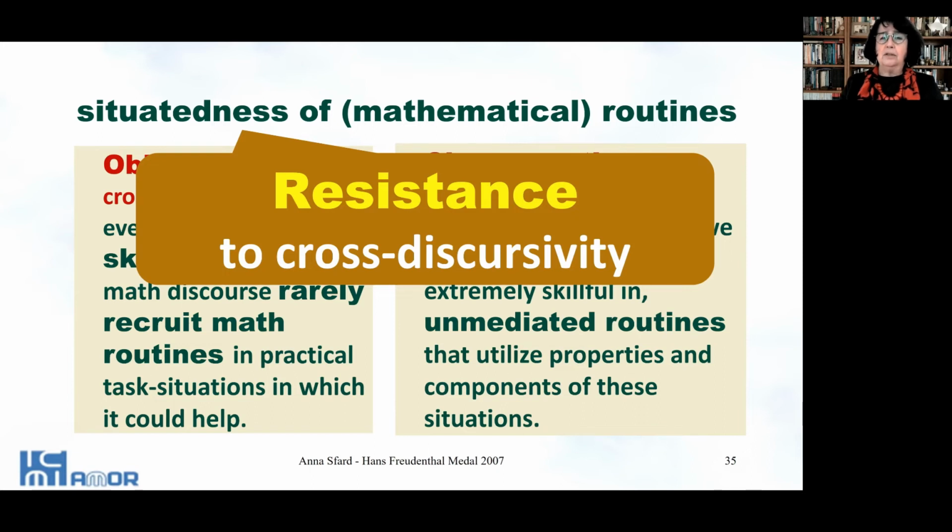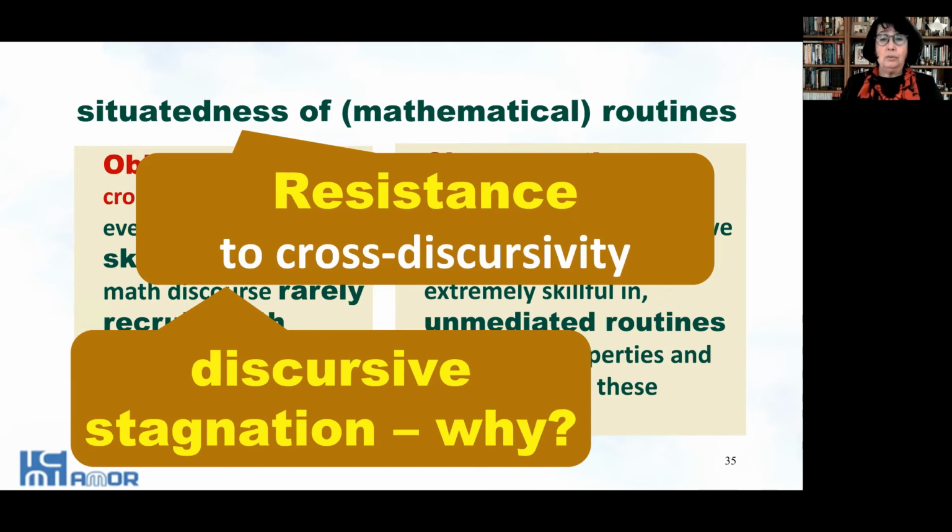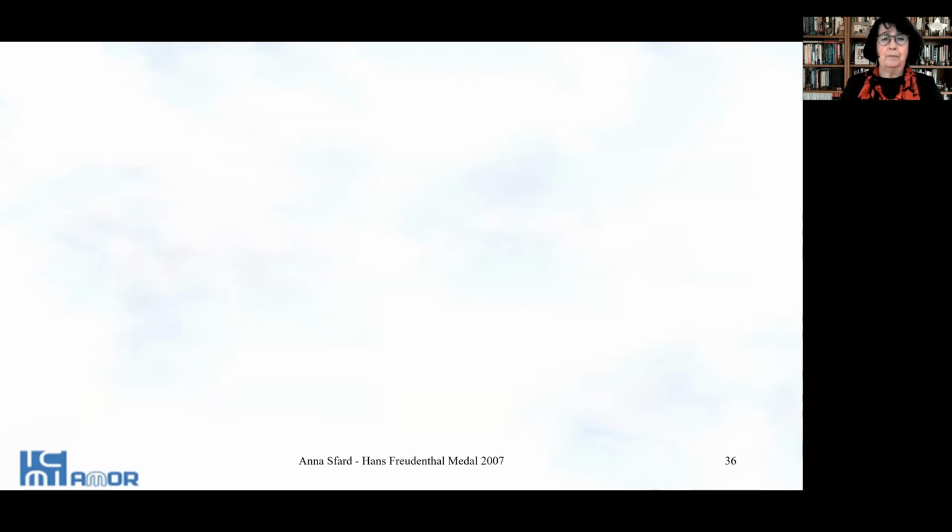What are the sources of this discursive stagnation and thus of the situatedness of routines? To answer this question, I invite you to think about how you recruit a specific helpful routine when necessary. The fact that in most situations you do it without a visible effort and in practically no time makes this question particularly puzzling.